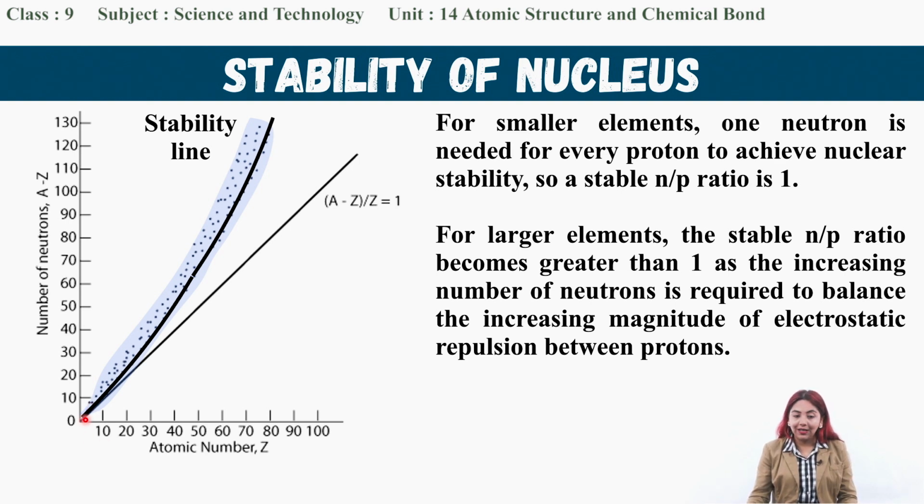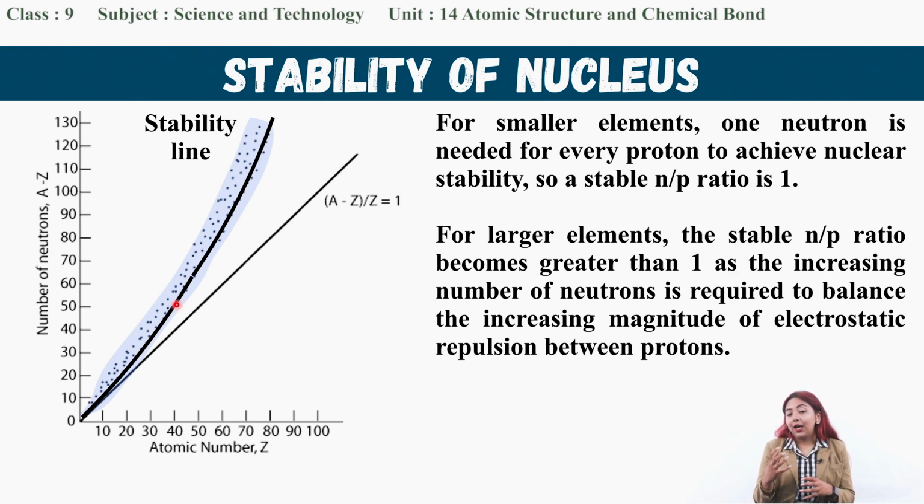Here you can see that this line is a stability line, and all these dots are the ratios of the elements, the ratio of the number of neutrons to the number of protons. If these dots are closer to the stability line, then those atoms are stable.